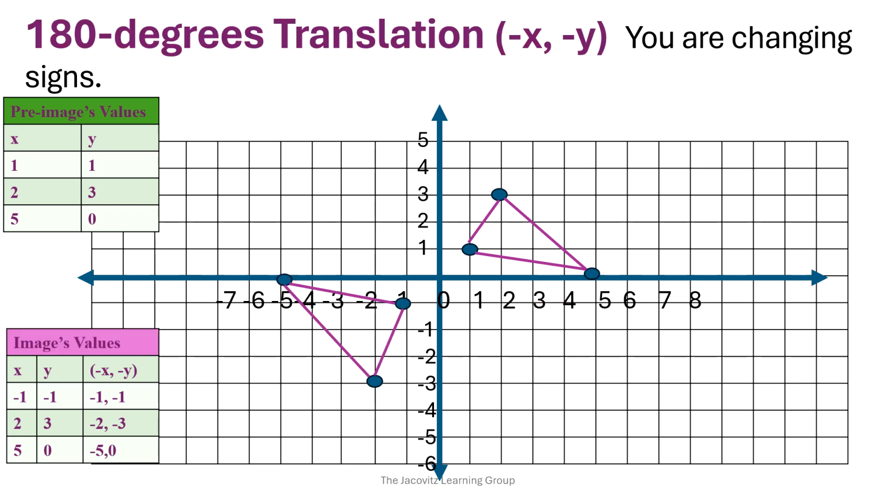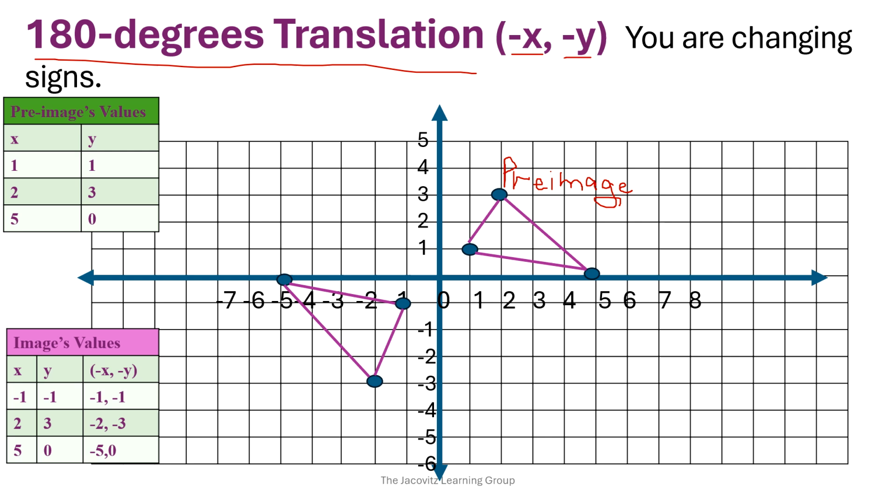Okay, so here again is our pre-image. And you check the values. Make sure I'm telling you the right thing. So we had 1 and 1, and we had 2 and 3, and we have 5 and 0, and here's 1 and 1. So this is our pre-image. Okay, now we're doing a 180-degree translation, and both values are negative.